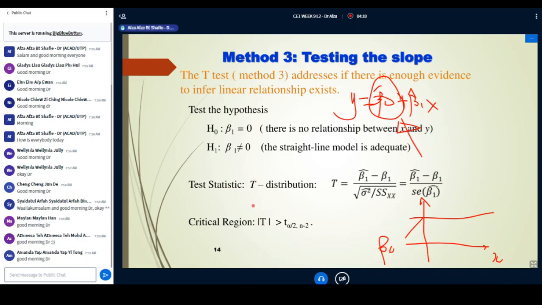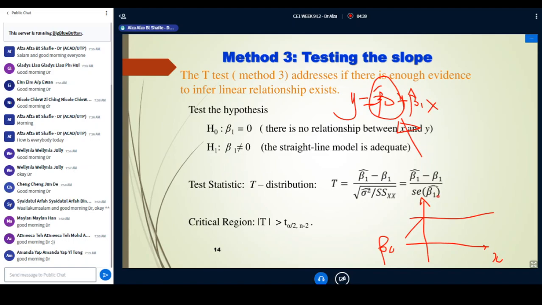And then what is the test statistic? We are going to use the t distribution for this testing of the slope. So we take this test statistic: beta 1 hat minus beta 1 over the square root of sigma squared over the sum of squares of x, sometimes called the standard error of beta 1. Yesterday someone was asking me, when do we use the standard error of beta 1?